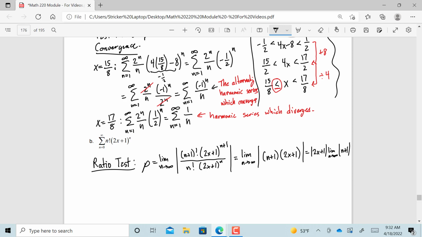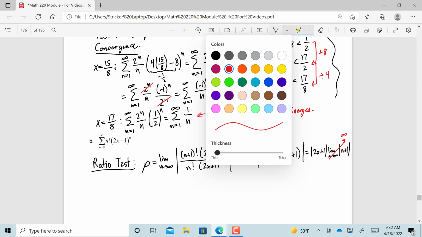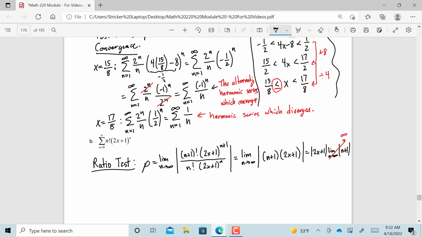And if we go ahead and take our limit there, we can now take the limit as n approaches infinity. We know that that limit is going to go to infinity. And so we get the absolute value of 2x plus 1 times infinity, which, anything times infinity, it doesn't matter what value of x we have here, that whole limit is going to be infinity, right?